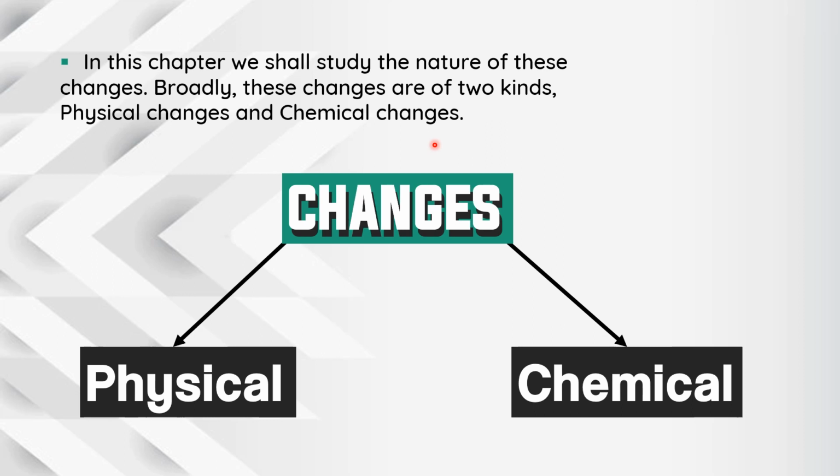These all are examples of changes we see around us every day. And these changes broadly we can classify as two: physical changes and chemical changes. So children listen, changes we can classify as physical changes as well as chemical changes. And we will study in detail what is physical change and what is chemical change.